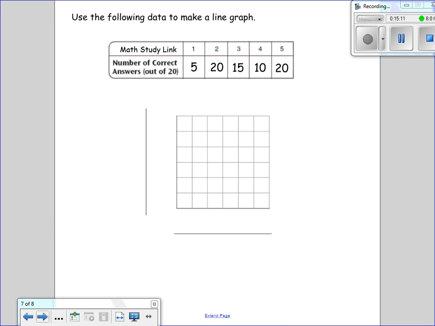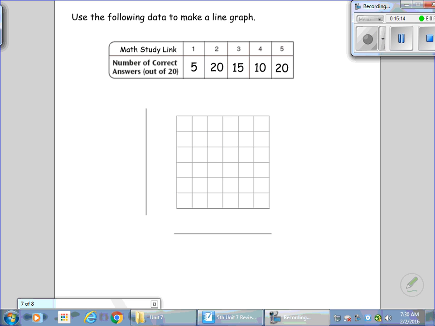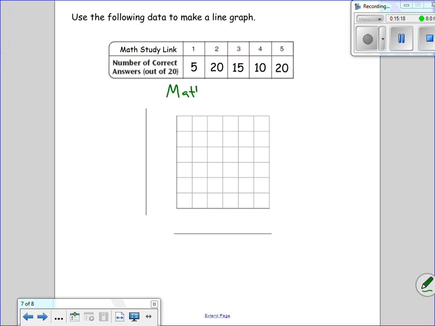All right. I'm going to make a graph here. Okay, so we have the title of the graph. We have math scores. My bottom is going to be the study links. My y-axis is going to be answers correct.